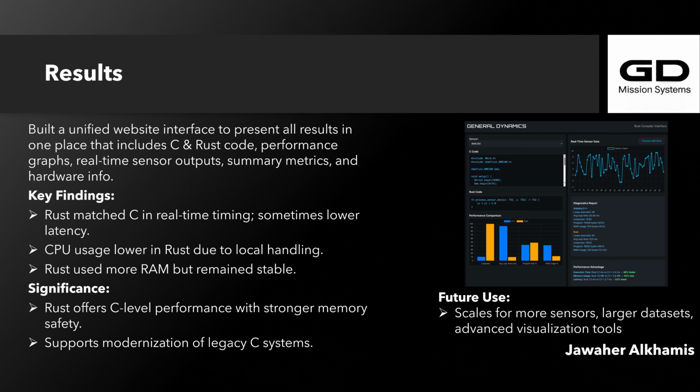How did we deliver and communicate the final result of our performance study? After completing the data collection and code development stages, our goal was to present the findings in a clear and accessible way. To achieve this, our team developed a unified website interface that brings together every major component of the project.